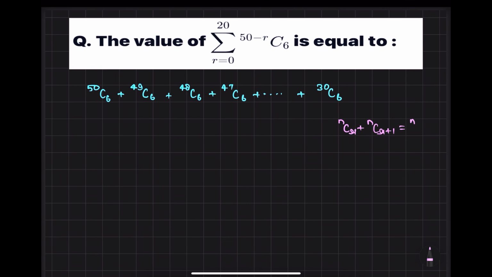In that case, the answer comes out to be N+1 CR+1. Correct? But they have twisted the question. So I will try to convert this question into this category. I'll do some manipulation and try to match this.